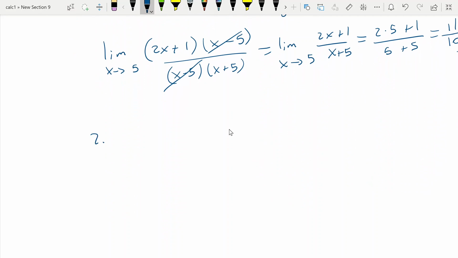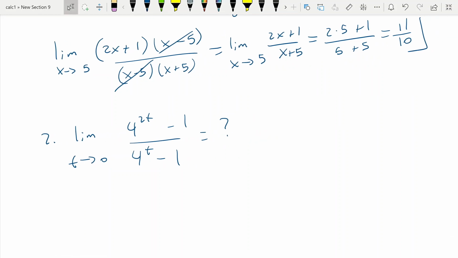Okay, so another less common type of problem is the following. The limit as t approaches 0 of (4 to the 2t minus 1) over (4 to the t minus 1). Again, this is an indeterminate form, 0 over 0, because when you plug in 0, 4 to the 0 is 1.